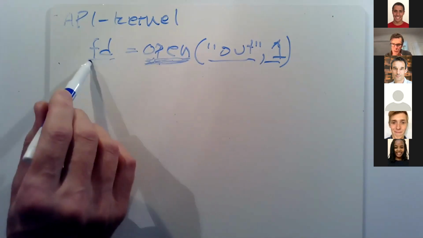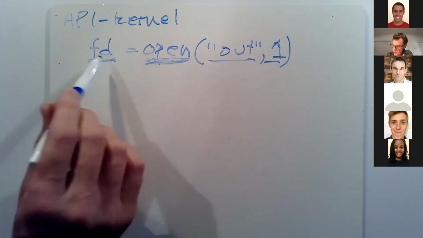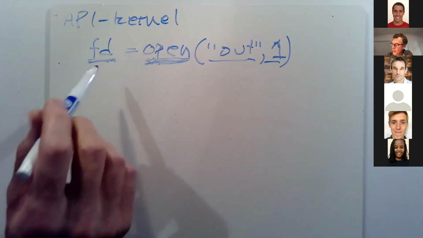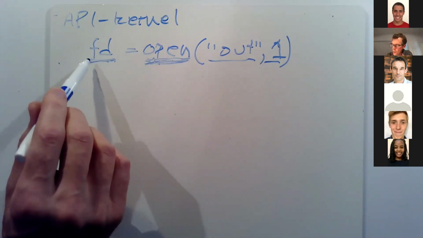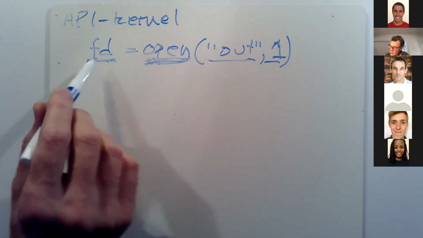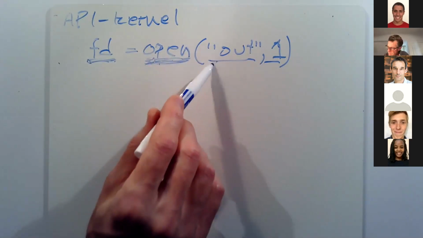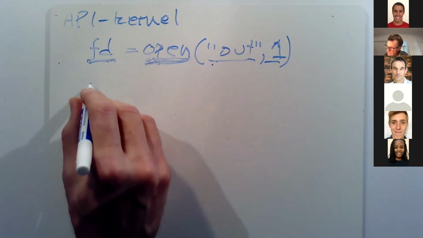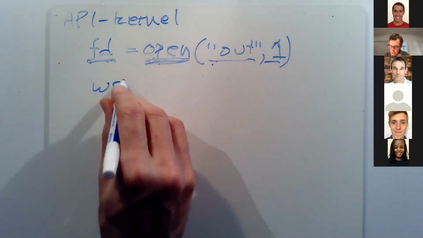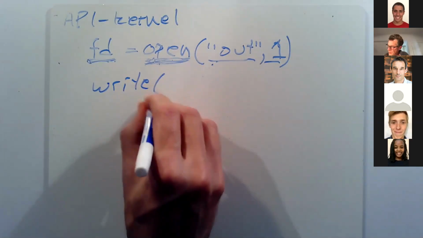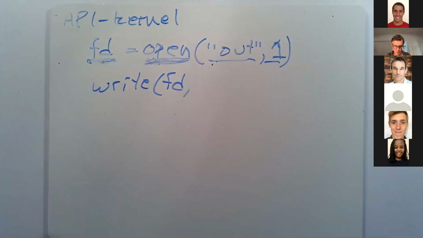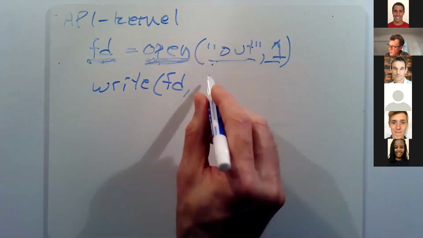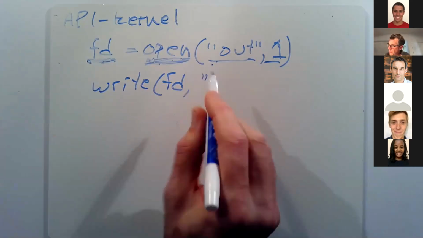That value is a file descriptor. FD stands for file descriptor, which the program can then use as a handle to refer to this open file. If you want to write to a file, the system call to do that is called write. You have to pass it one of these file descriptors, the same as was returned by open. These are arguments that are passed in the system call from the program into the kernel. You give it a pointer to a buffer of characters.